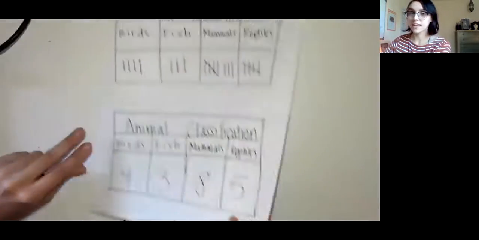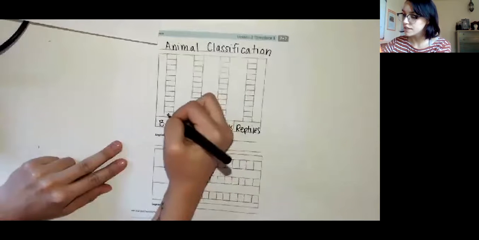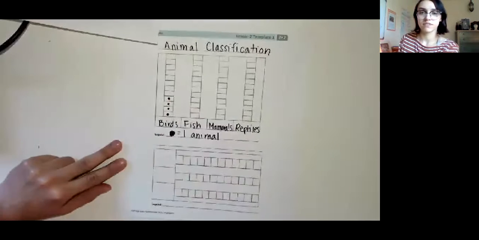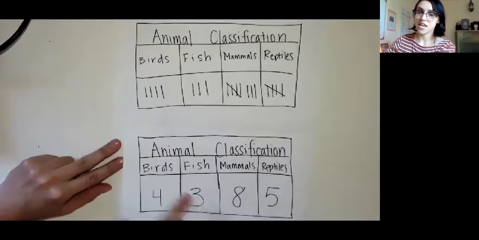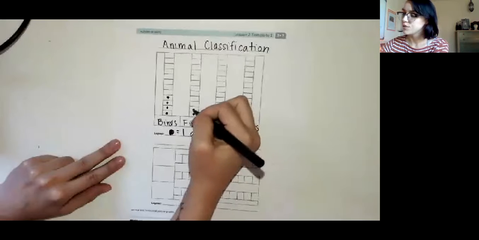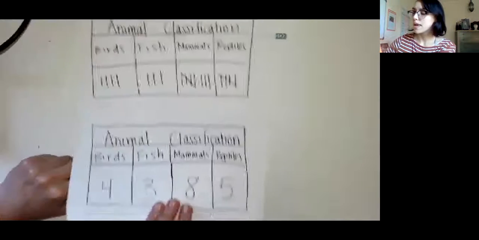Okay, let's look back at our data. We had 4 birds. So under our birds, we're going to go 1, 2, 3, 4. Let's look at our fish. We had 3 fish. 1, 2, 3 fish. Let's look at our mammals.